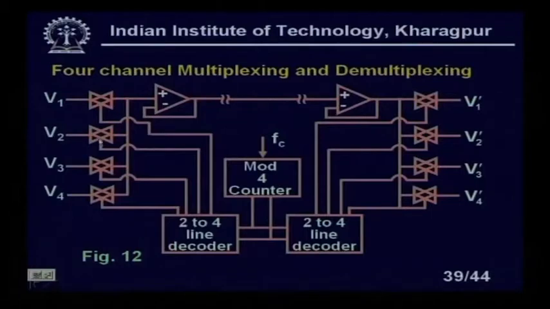Similarly, when V2 is on, what will happen? You see this will be deactivated. This is connected at the input of the op amp like this. So, we have a 2 to 4 line decoder here. What is the function of the 2 to 4 line decoder?